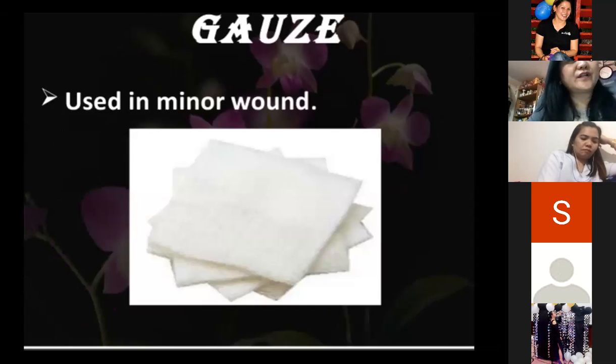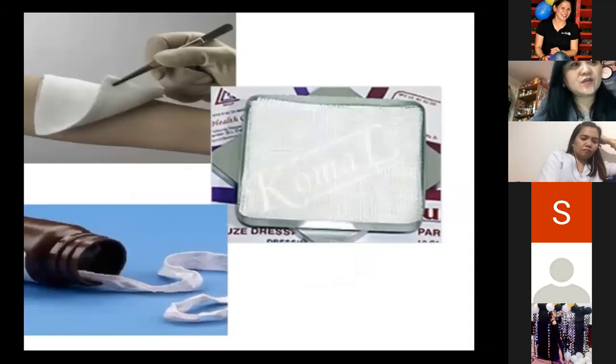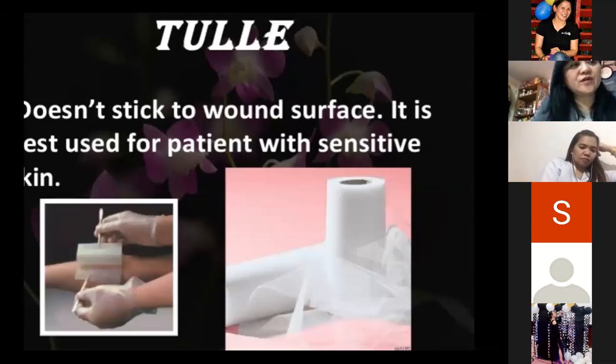There are different types of dressing. We use for the minor wounds the gauze. Ito yung gauze na nilalagay natin sa patient natin for a minor wound that we have. We have also Telfa, like for example, Surgitulle, ganon. These are medication na naka-attach na, para siyang dressing din, may gauze siya.